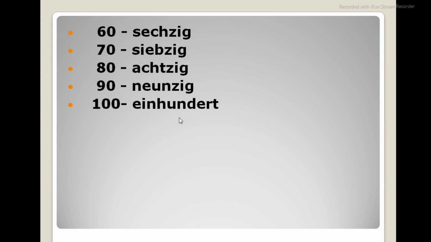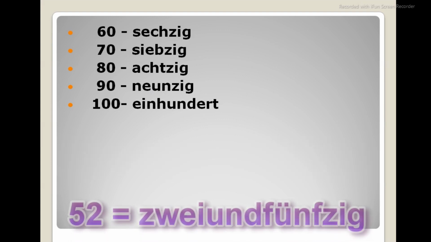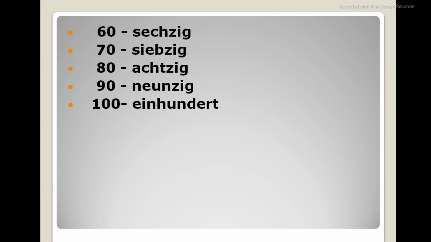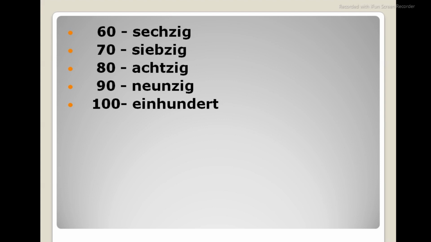51 would be, now you know, 51, and 52 will be 52, and so on. For 70, if you want the example of 70, the 71 will be 71, and for 80, and so on. And now you can write the counting on your own from 60 to 100 by just following the previous ones, like we did from 20 to 30 or 20 to 50.